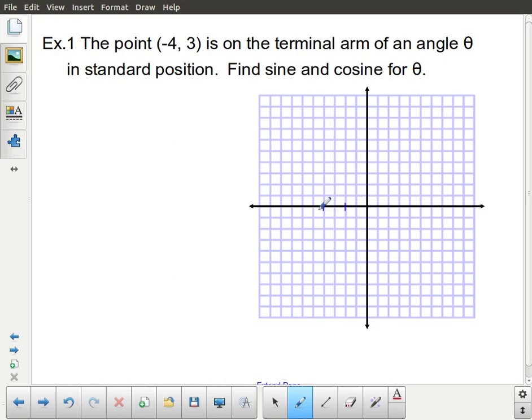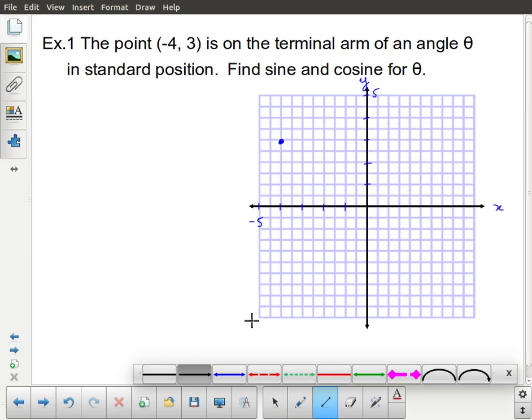So -1, -2, -3, -4, -5, and 1, 2, 3, 4, 5 for labeling my axes and my scale. -4, +1, 2, 3. So there is the point that I'm interested in.